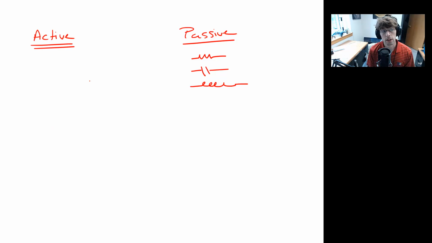So active elements, probably the most common active element is called an operational amplifier. Most people just abbreviate it as op amp, but it's operational amplifier.